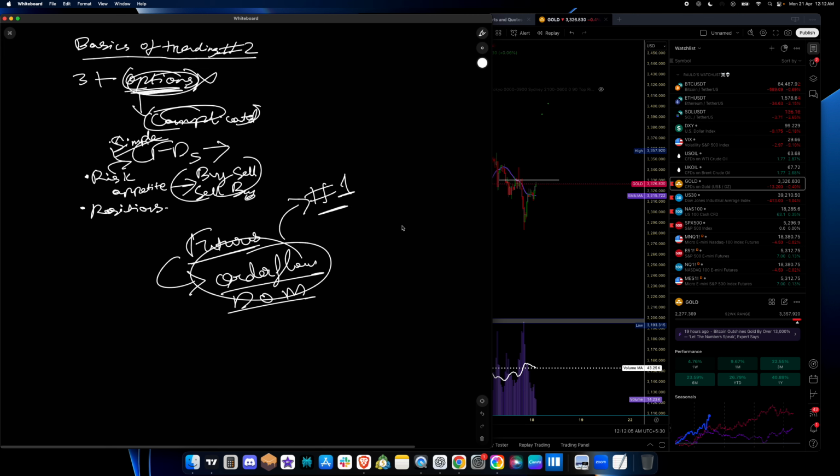But if you are right, you will still make money trading CFDs. It's not that it's a scam, but it's a little bit risky, and futures are on the safer side. But the riskiest for a beginner is options because it's a very complicated space.